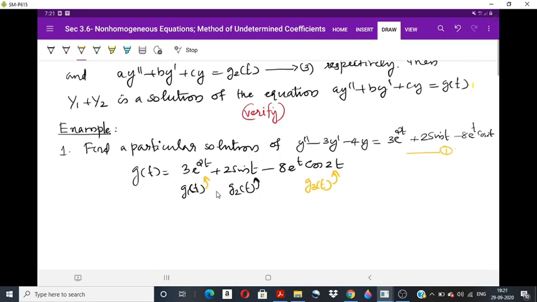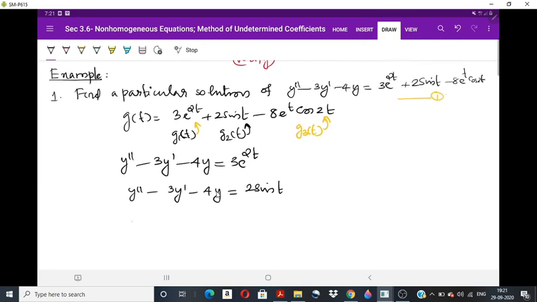So by using the above rule, from equation number 1, we can write three equations: y double dash minus 3y dash minus 4y equal to 3 e raised to 2t be the one equation, y double dash minus 3y dash minus 4y equal to 2 sine t, and y double dash minus 3y dash minus 4y equal to minus 8 e raised to t cos 2t.